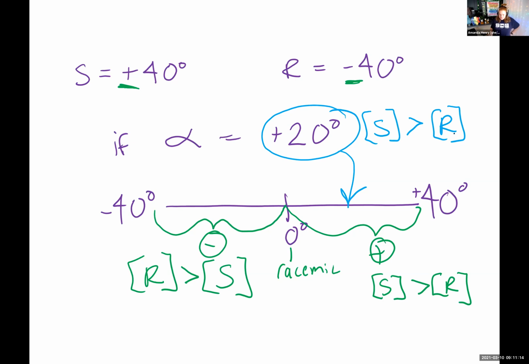Okay, so that equation on the last slide, that enantiomeric excess equation, we're going to use that. So here's our given information. Our last slide told us that the S was positive 40 and the R is negative 40.